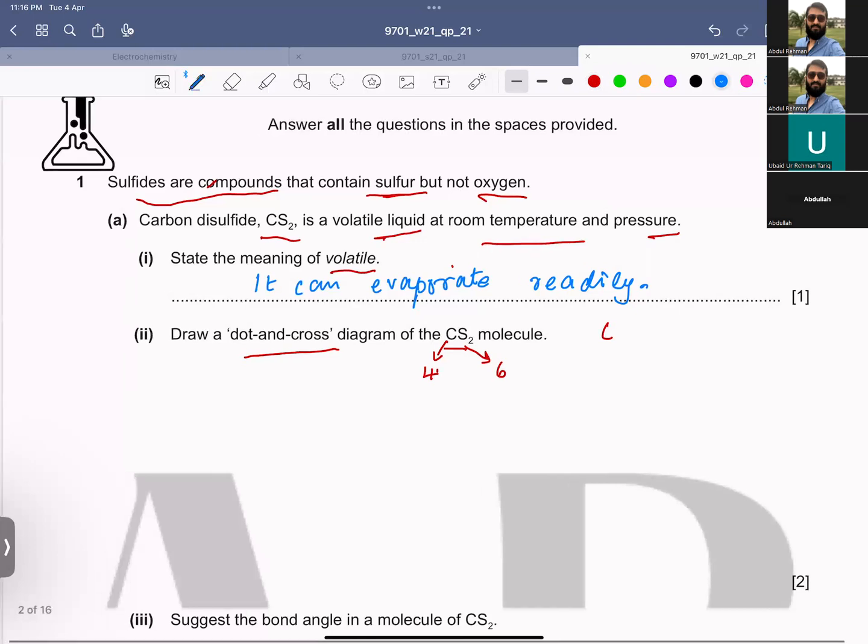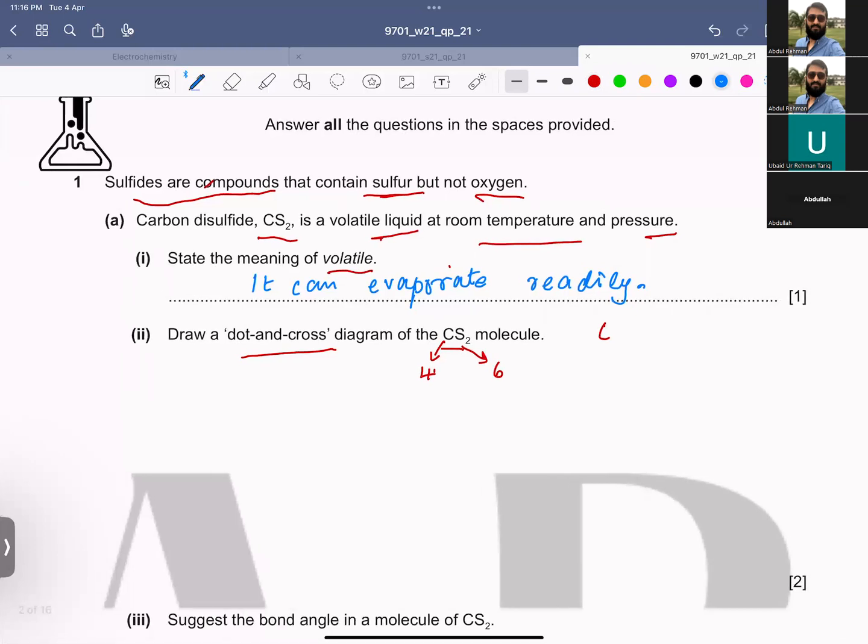So we have one carbon atom that is bonded to sulfur, and here another sulfur. The carbon atom shares two electrons with this sulfur and the other two with this sulfur.